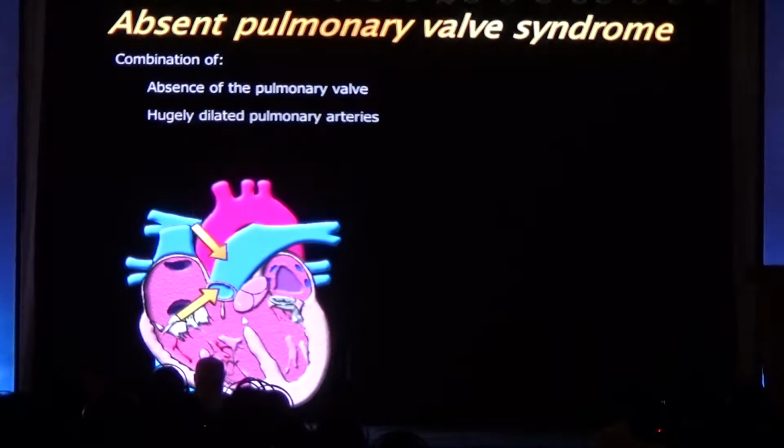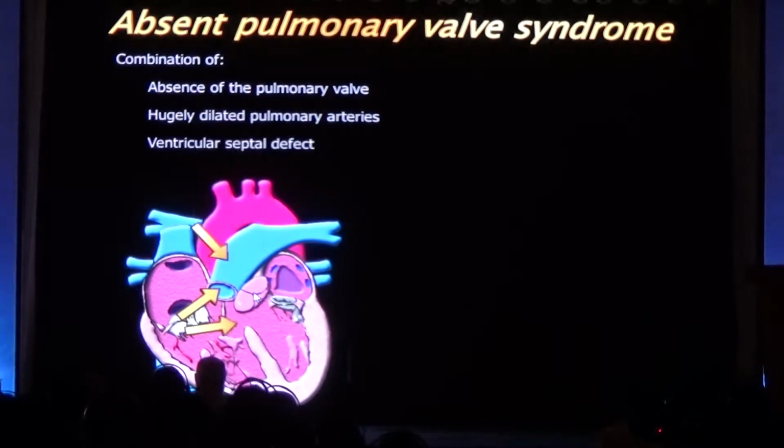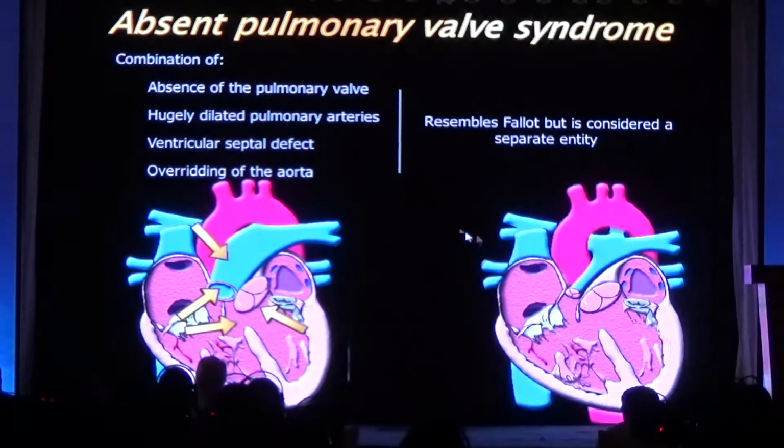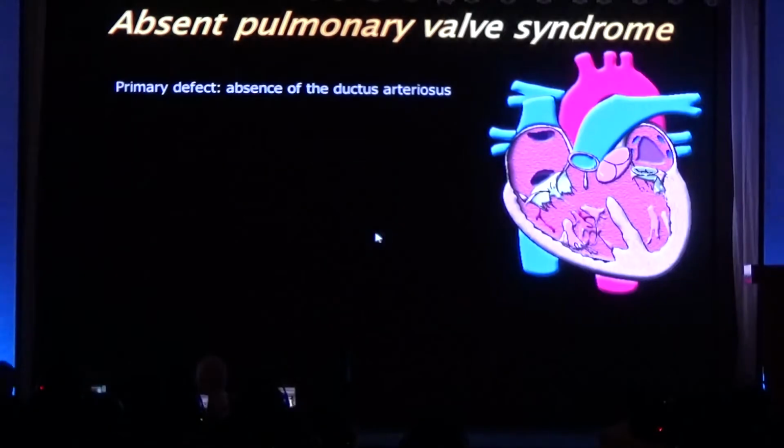We have a ventricular septal defect, we have an overriding aorta, but instead of having a pulmonary artery which is too thin, we have a pulmonary which is much too large. And here the defect is the absence of the ductus arteriosus. So there is no communication between the pulmonary and the aortic arch. So they resemble each other, and this is called one of the forms of tetralogy of Fallot.